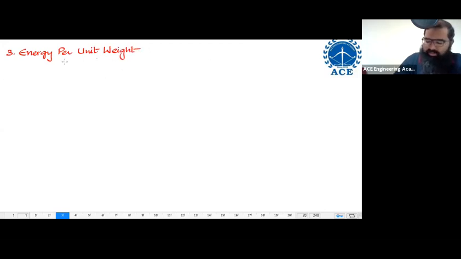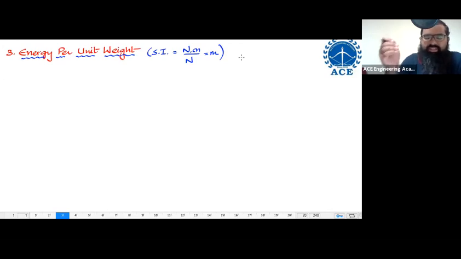This energy per unit weight form has SI units of Newton meter divided by Newton, which is meter only. So every term here represents something called head of energy, which is energy divided by the weight of that particular fluid.